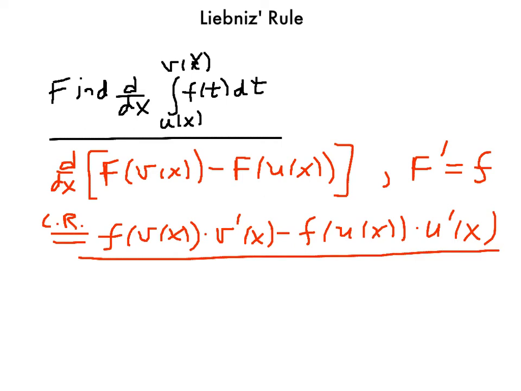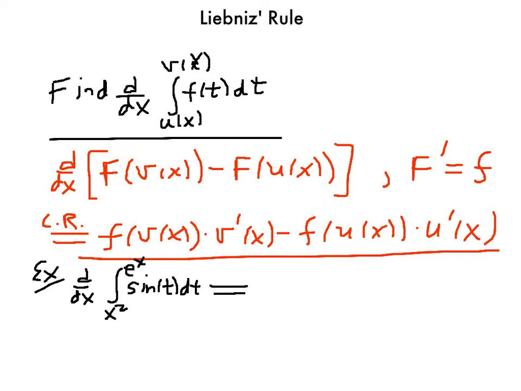So let me give you an example here, and hopefully I can squeeze it in so that you can see it on this same page. So we want to take the derivative with respect to x of the integral, let's say from x squared to e to the x of sine of t dt.